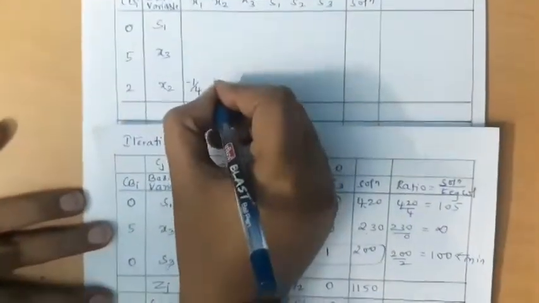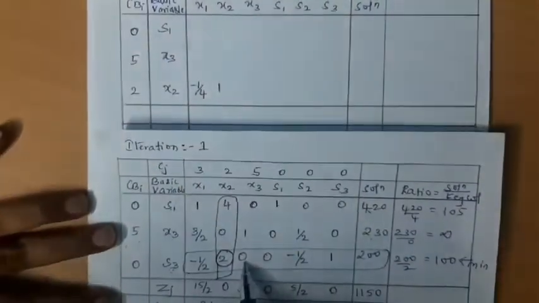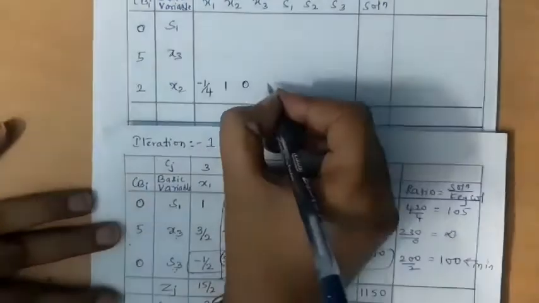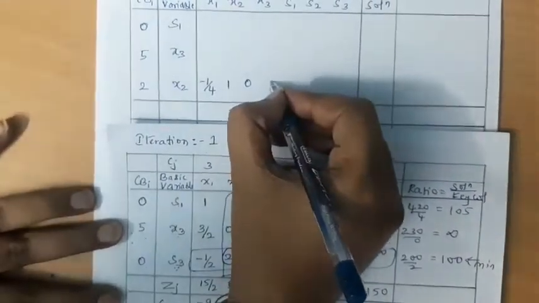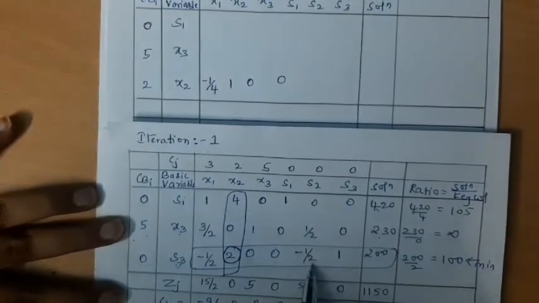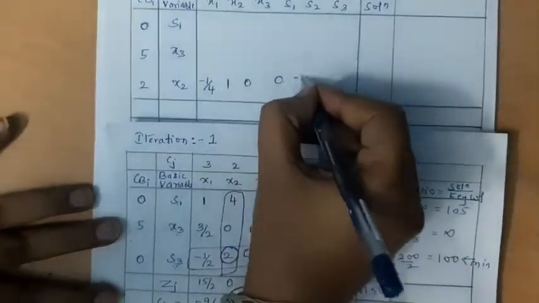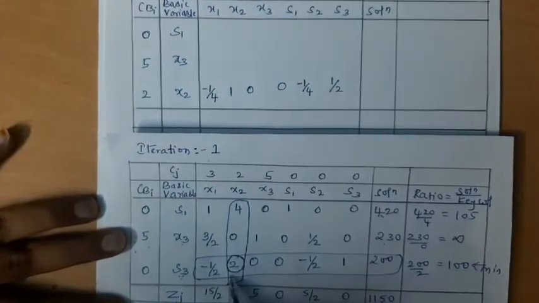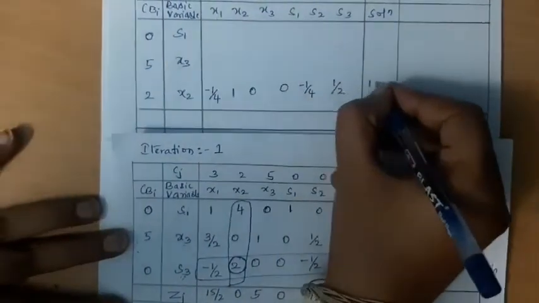So write down 1 here. Next, 0 divided by 2, that is equal to 0. Next, 0 divided by 2 equal to 0. Next, minus 1 by 2 divided by 2, that is equal to minus 1 by 4. Next, 1 divided by 2 equal to 1 by 2. Next, 200 divided by 2, that is equal to 100. So write down these values.